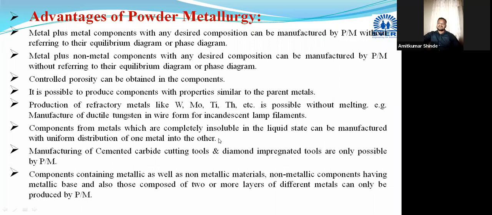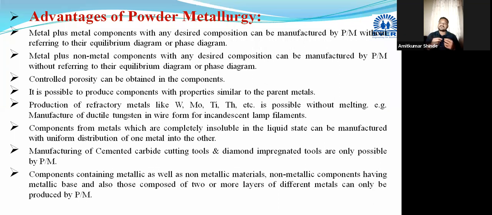Then, suppose two metals are insoluble in each other in the liquid state. It is not possible to manufacture a component with the help of those two metals normally, but it is possible in powder metallurgy.